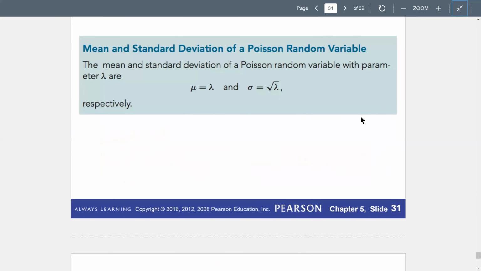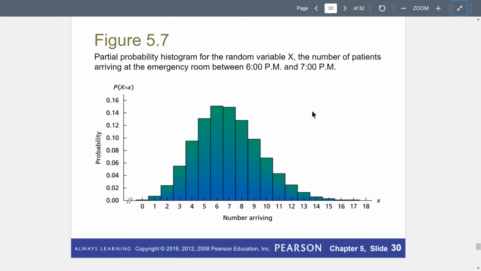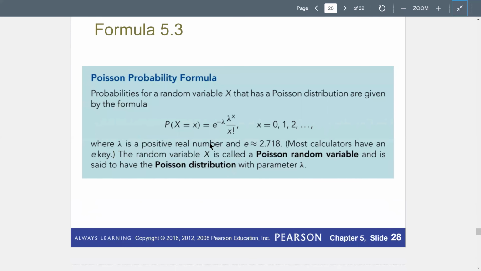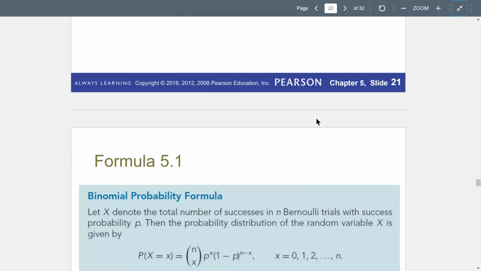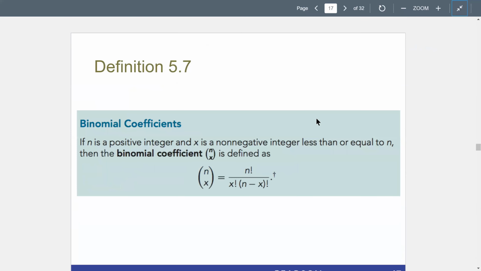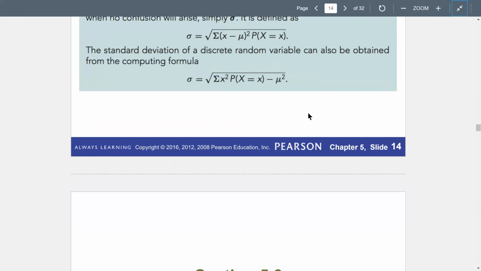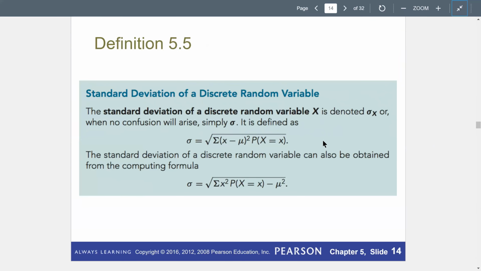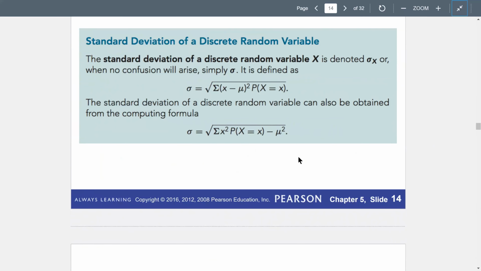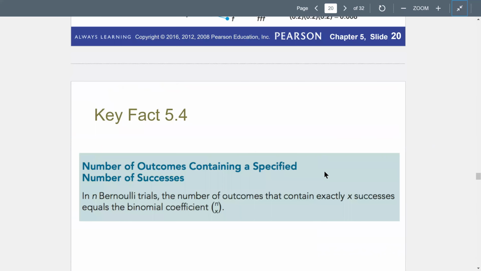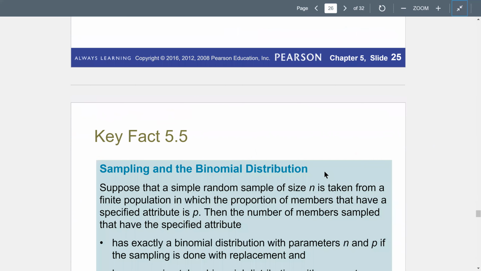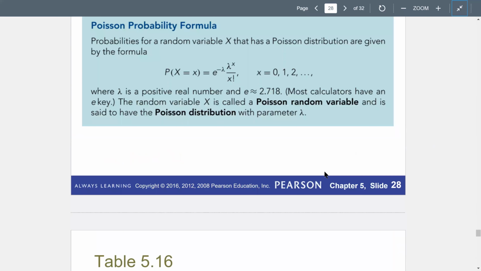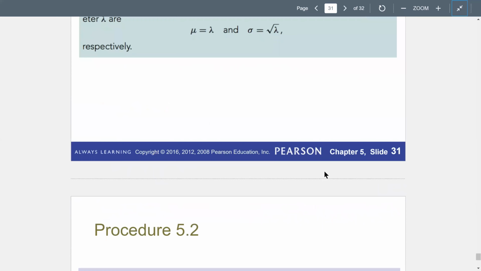And this is the formula for its mean, equal to lambda, and sigma equal to the square root of lambda. Again, how do I know these two values? I plug this number into the sigma formula in the 14th page slide, and then I get this right here.